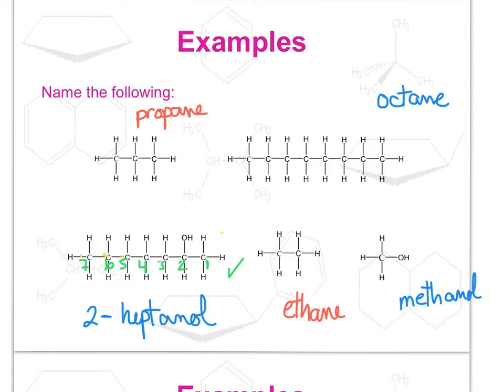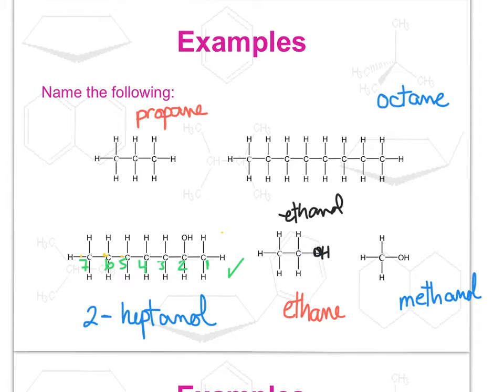What if, just for fun, what if this was an OH and I say this would be ethanol? Do I need to put that it's 1-ethanol? The answer is no, I don't. Because if I say this is carbon number 1, the OH would be on carbon number 1.